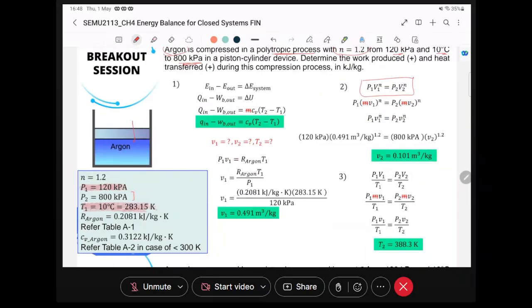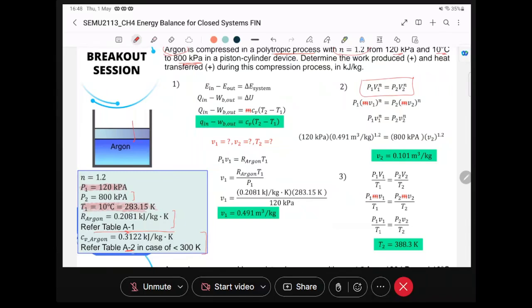Before we proceed, because it's ideal gas, let's find out the property of argon. So we have these 2 properties. The gas constant of argon, because it's ideal gas, we're going to use that later on. And also the CV of argon gas, which you can refer to in the thermodynamic property tables in the textbook as well.